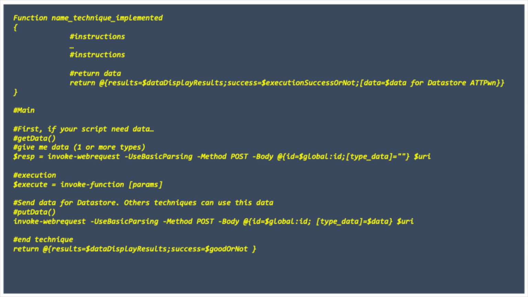The output will be stored in a true-false variable. And the last one is, if there is some data collected, such as credentials dump, IP addresses, or user enumeration, that can be used by another technique, all this information will be dumped to a data store that has the root node.